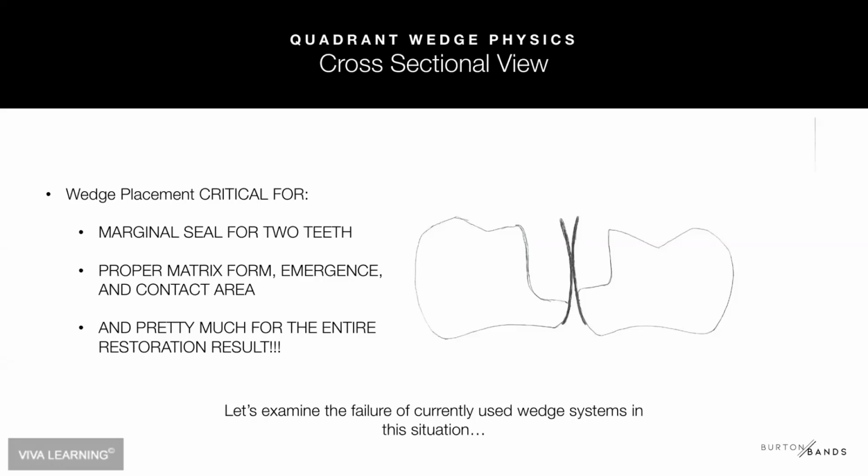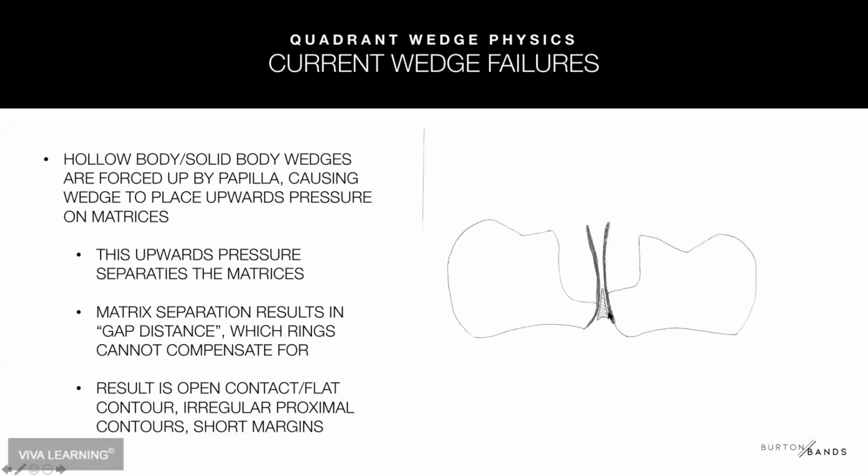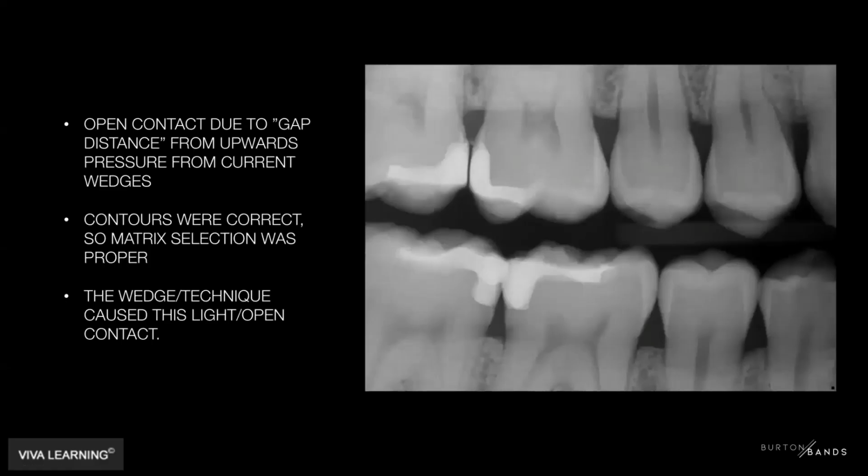I never looked back at the matrix bands to see if they were touching each other, but I started doing it. And what I realized is that in these deeper lesions, the wedge would actually push up and split my matrix bands. So then I would put the ring on, and I would end up with a light contact. And it's because this wedge is being driven up by the papilla, which creates a gap between your matrix bands. Something to watch out for.